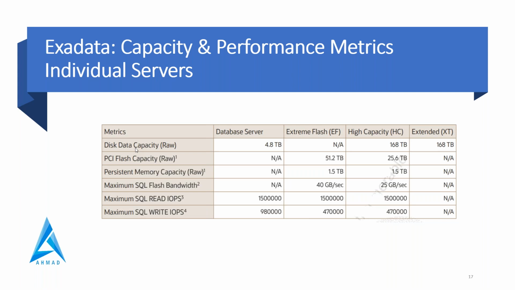For maximum SQL reads, it is based on 8,000 IO requests running SQL. For SQL writes, that is also 8,000 IO requests running SQL. Flash write IOs are measured in that section. So these are the differentiations between them. By this table you can easily understand which one is faster and which one is slowest.